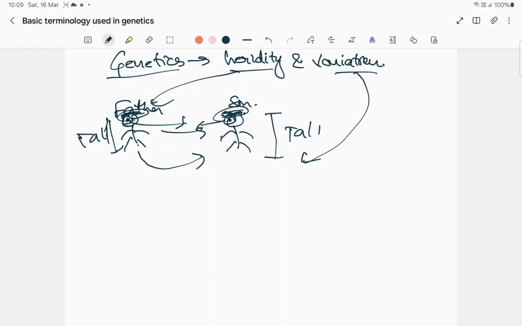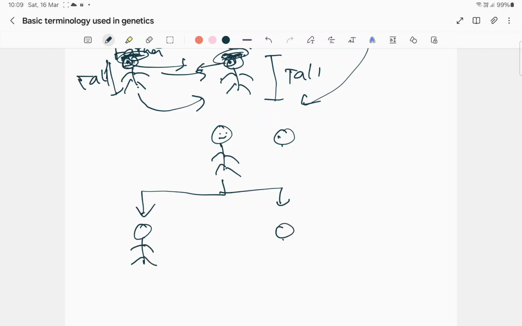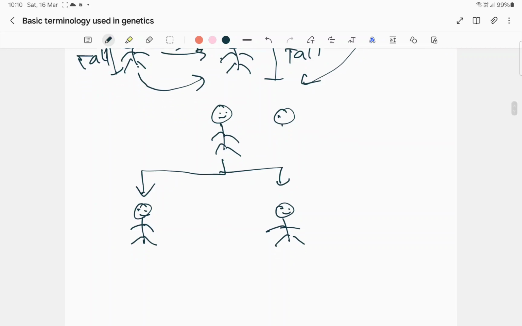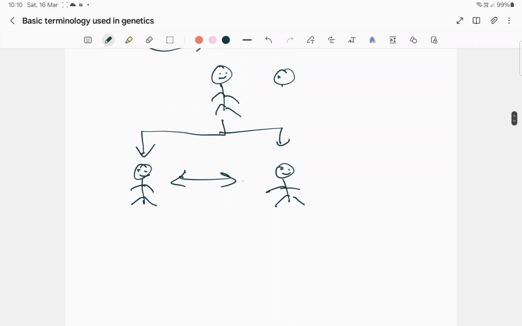And variation. Variation generally means difference among the progeny of the same parent. Suppose this is the father and he is having two sons. The two brothers of the same parent won't be the same, right?